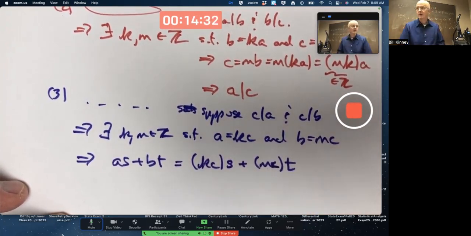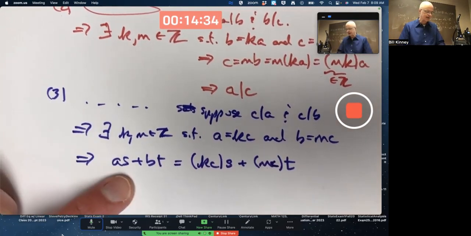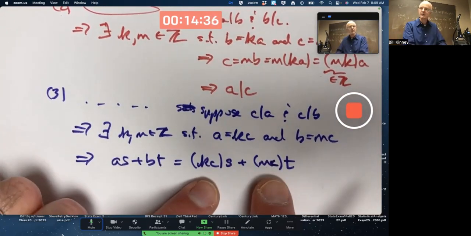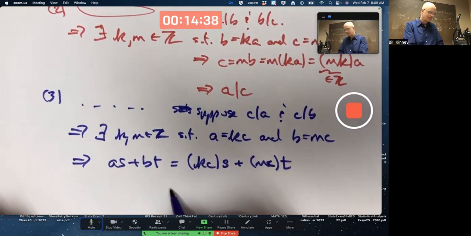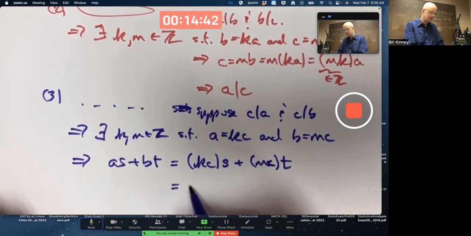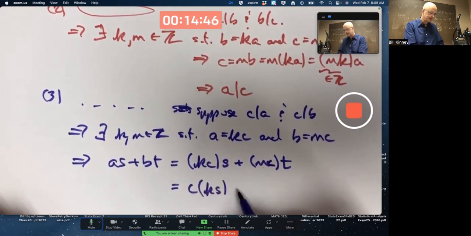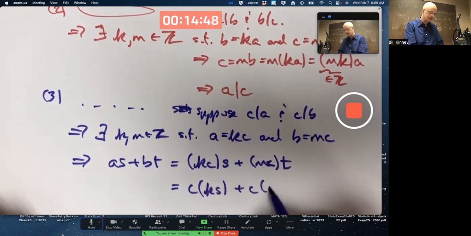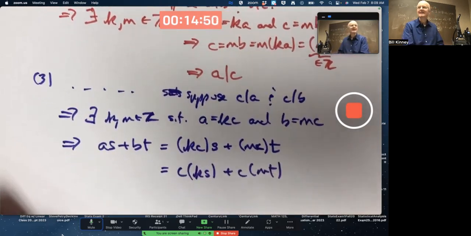And then ask yourself again, what's the goal? The goal is to show C divides this. Hey, I see a C in both terms here. Maybe for emphasis, I'll get rid of the parentheses and rearrange. Maybe I'll also put parentheses around the other terms like this, just for emphasis. It's not necessary if you don't put parentheses. And then factor out the C. You do need parentheses here.